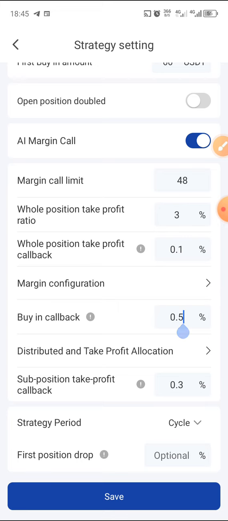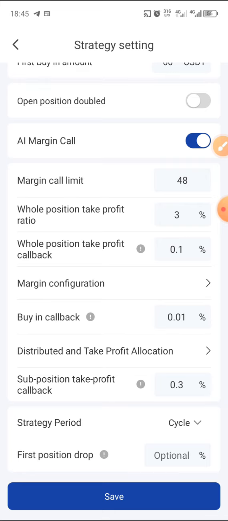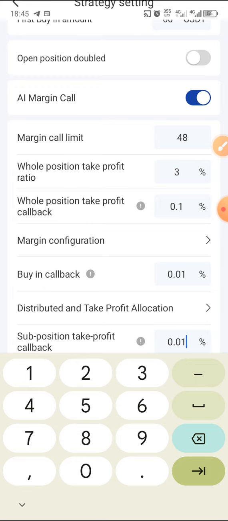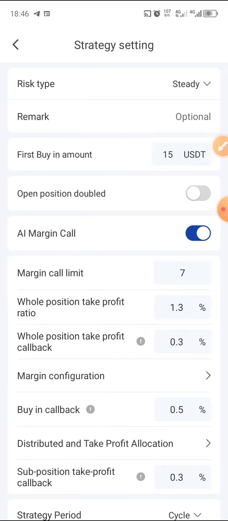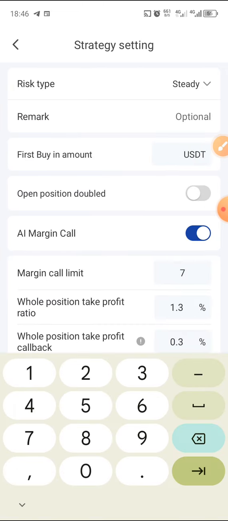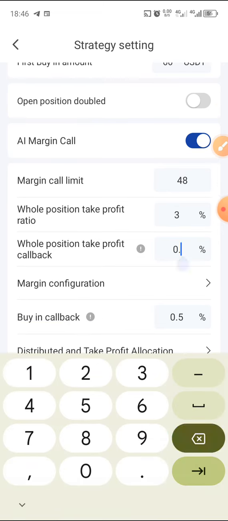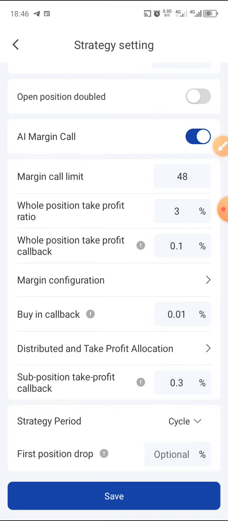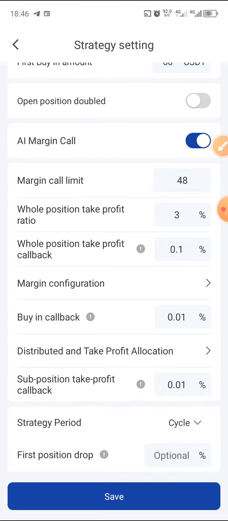So the whole position take profit callback is going to be 0.1, and the buy-in callback is going to be 0.01. The sub position take profit callback is going to be 0.01. Okay, sorry guys. 48 margin calls, take profit ratio 3%, the callback is 0.1, buy-in callback 0.01, then this will also be 0.01.